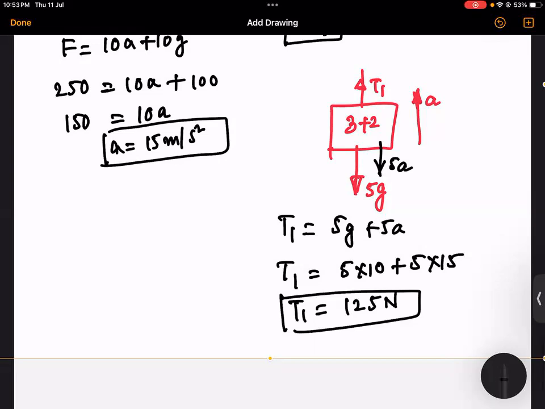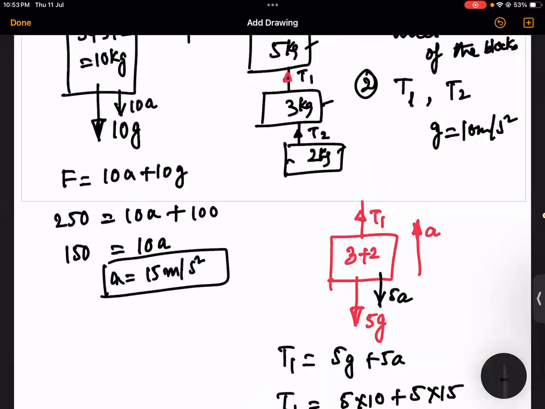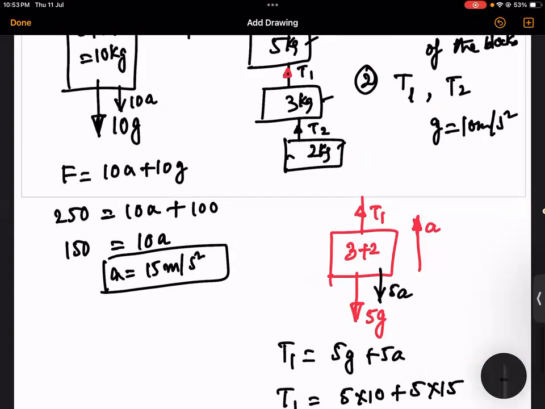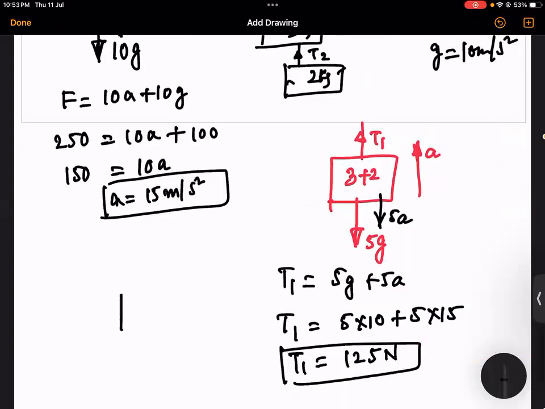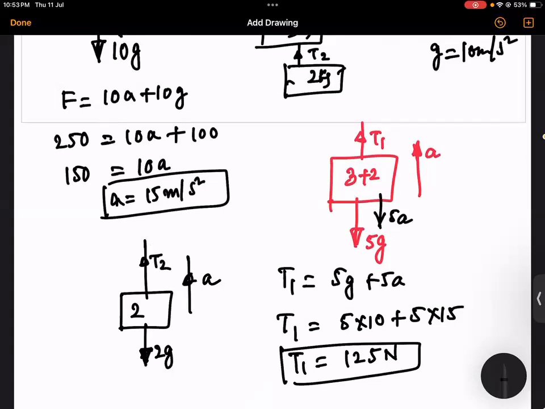Now the next part, you have to find T2. For T2 only the 2 kg mass is there. So I will draw a similar diagram over here. This is 2 kg. This is T2, and over here this is 2G. And over here, this is acceleration A, so this is equal to 2A.